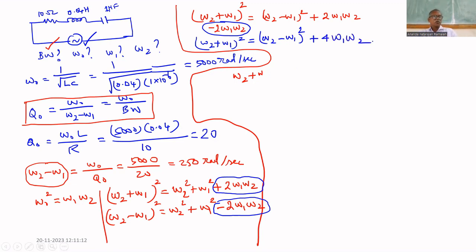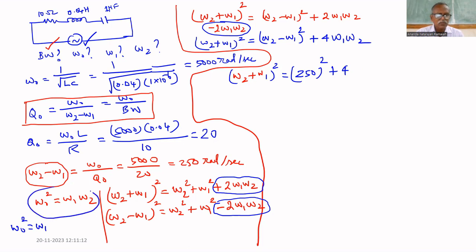Substitute omega 2 minus omega 1, we know, bandwidth we know. Therefore, omega 2 plus omega 1 whole square equal to, what is bandwidth? 250 we got, 250 whole square plus 4 times omega 1 omega 2 equal to what? We know that omega naught square equal to omega 1 omega 2.